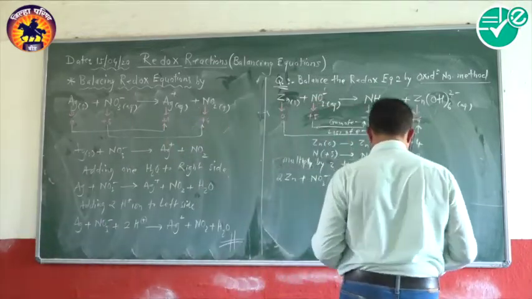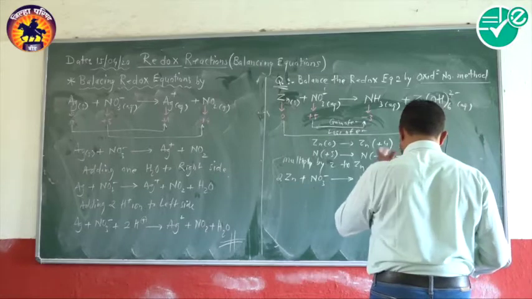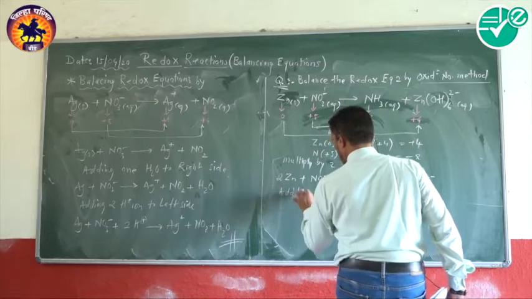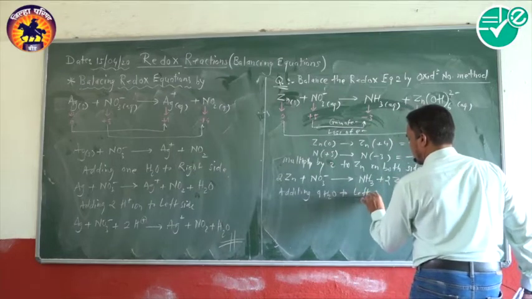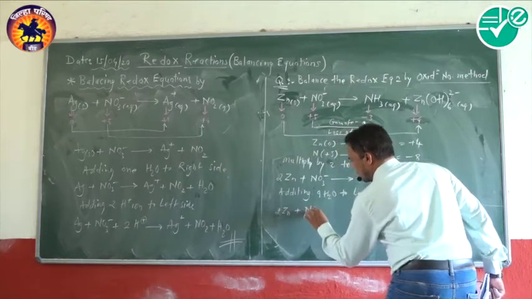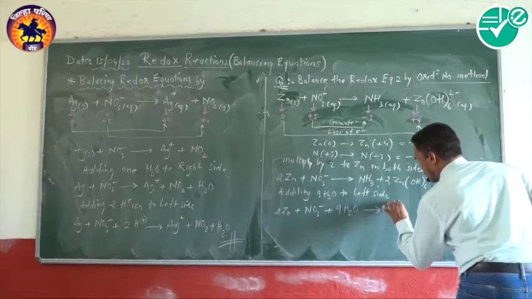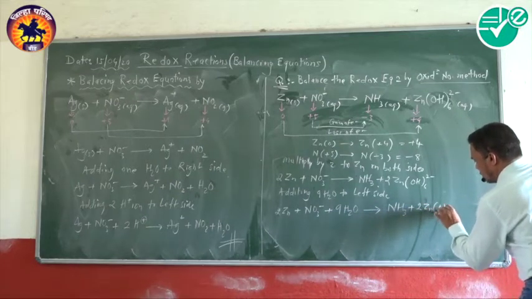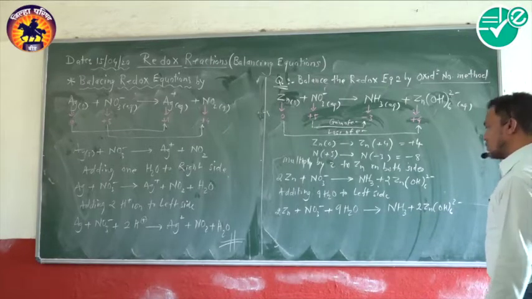Therefore, adding 9 H2O to the left side: zinc plus NO3 minus plus 9 H2O is equal to NH3 plus Zn(OH)6 2 minus. Check the oxygen, it's already balanced.